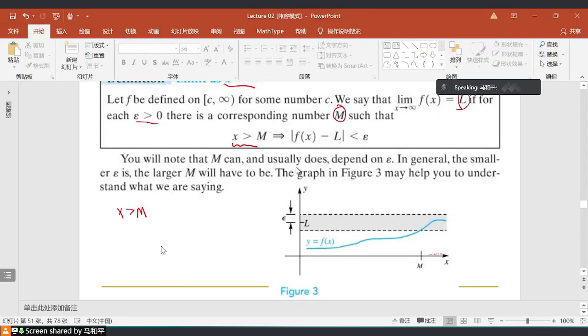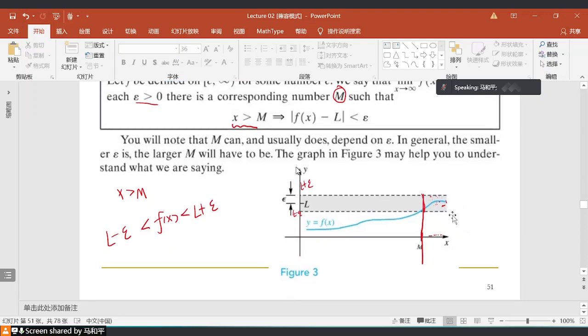So from this, we know f(x) is between L minus epsilon and L plus epsilon. So here, if this is epsilon, this is L minus epsilon, L plus epsilon. This means that when x is greater than M, f(x) is in this range, okay?